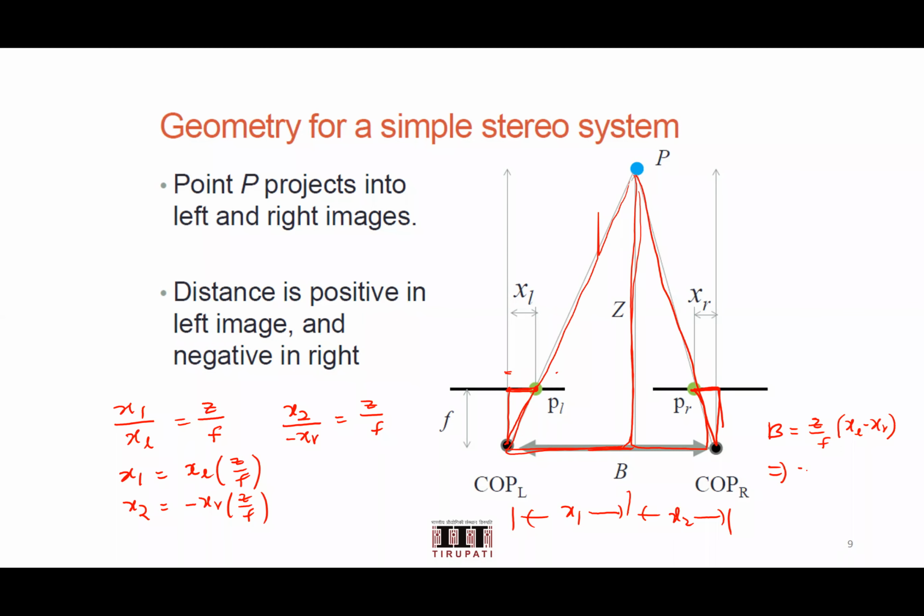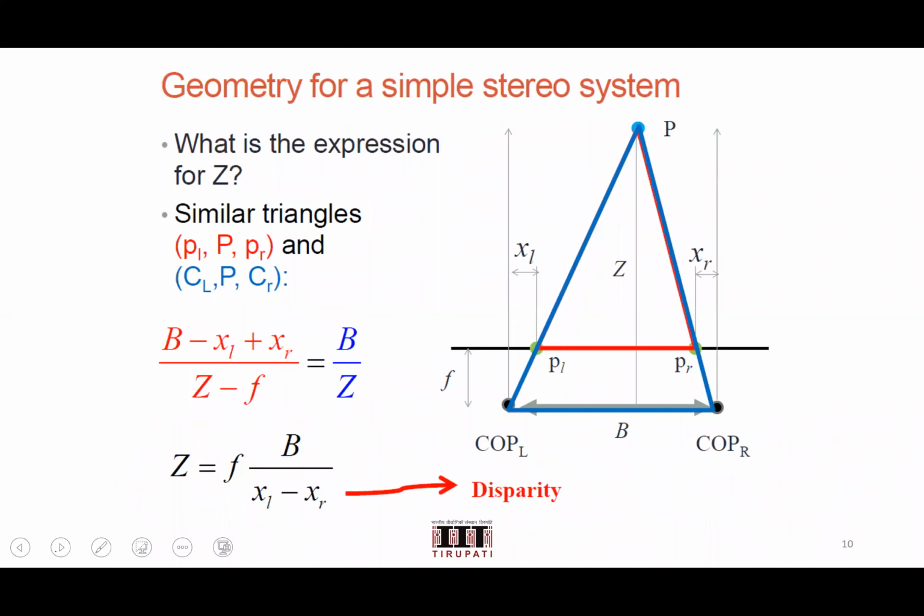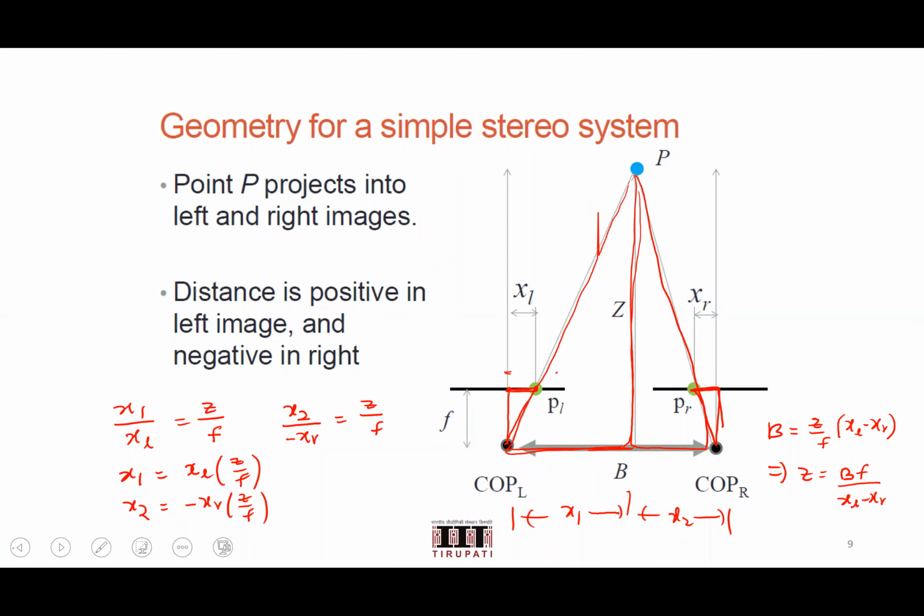So from that, you know that Z equals b times f divided by XL minus XR. Is that correct? This has been done in the presentation slightly differently, where the parallel triangle is taken, but it doesn't matter. You could do it in this manner as well.